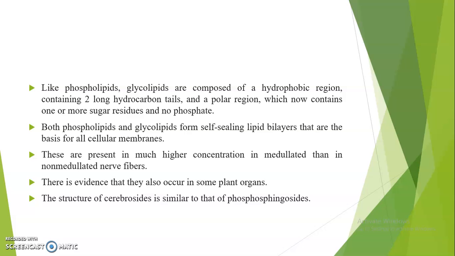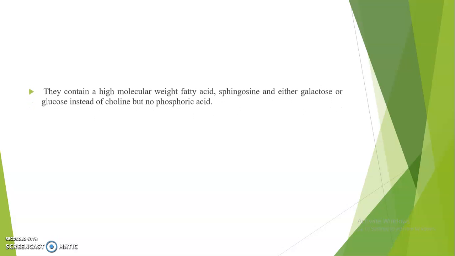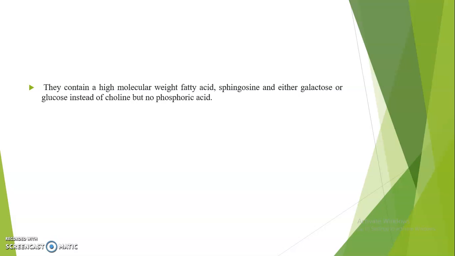The structure of cerebrosides is similar to that of phosphosphingosides. They contain high molecular weight fatty acid, sphingosine, and either galactose or glucose instead of choline, but no phosphoric acid.